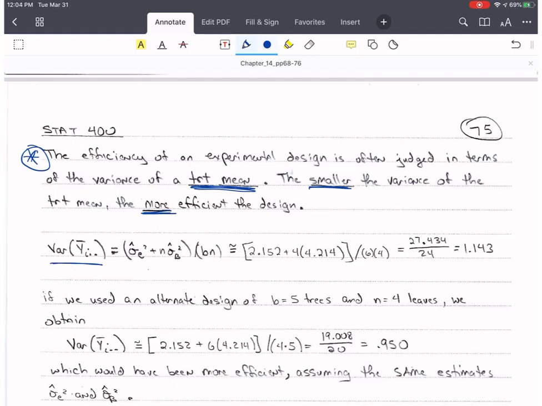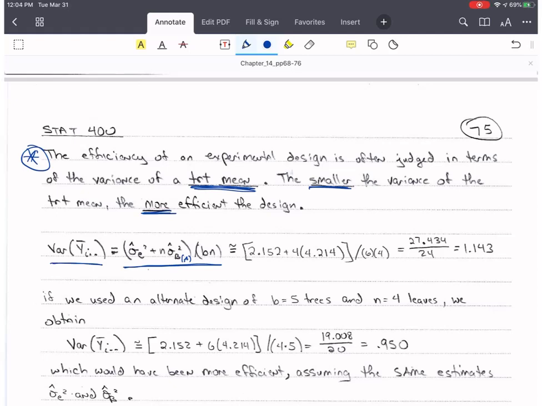We've already done that before, and we found that it's sigma E hat squared plus n times sigma B A hat squared, all divided by B times n.